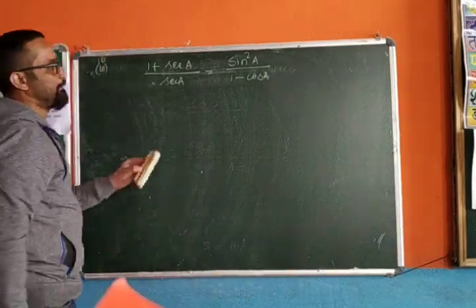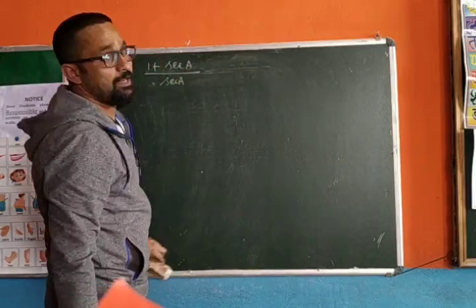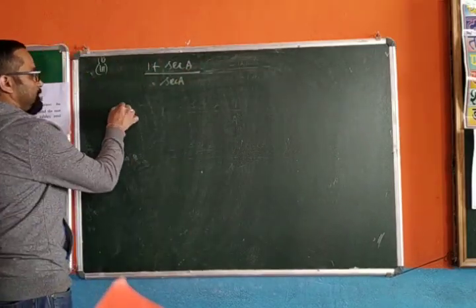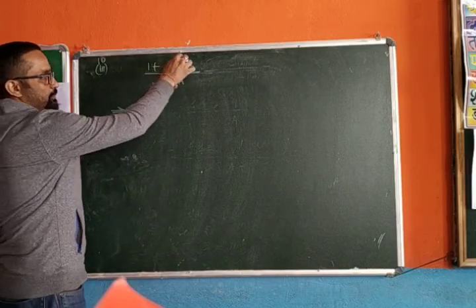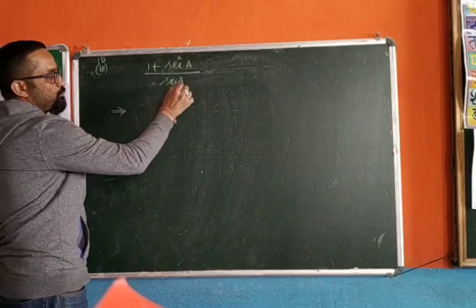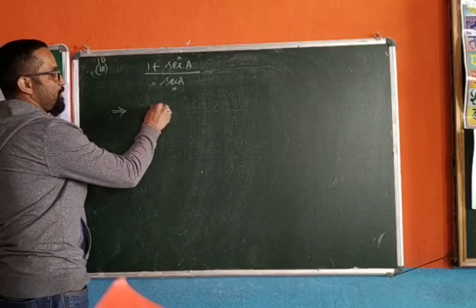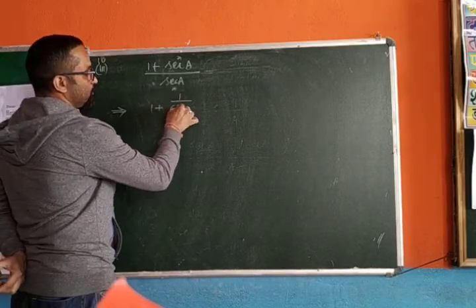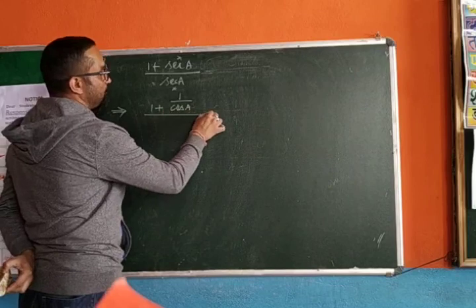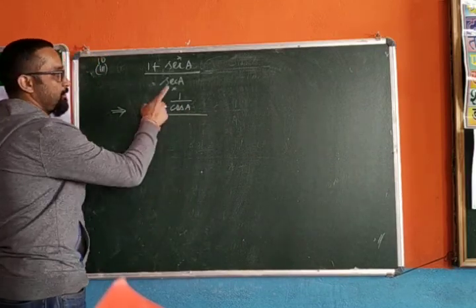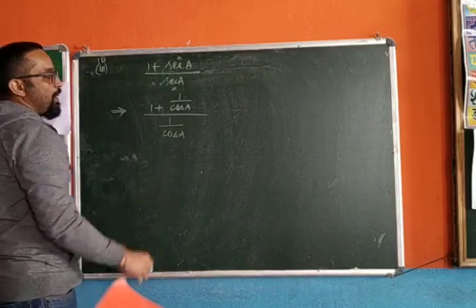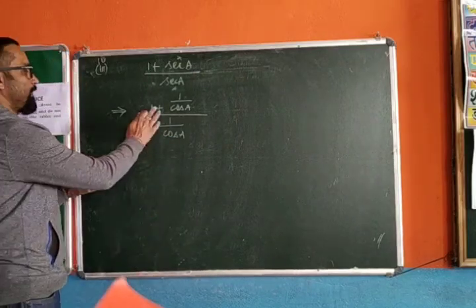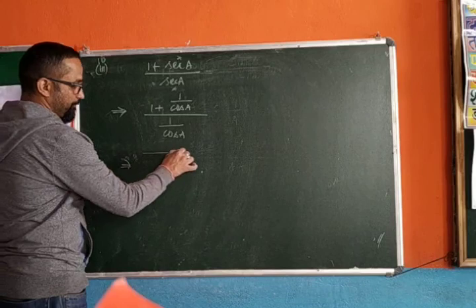Copy the left hand side. Do the simplification, use reciprocal formula to change these two. 1 plus 1 divides by cos a, because sec can be written as 1 upon cos. Similarly 1 upon cos. You have fractions at numerator, take LCM.